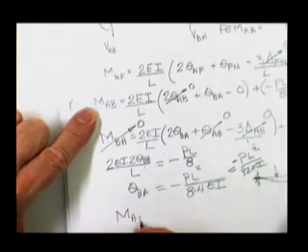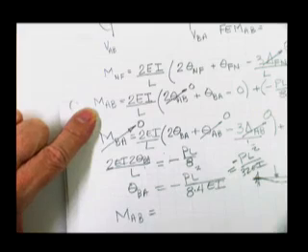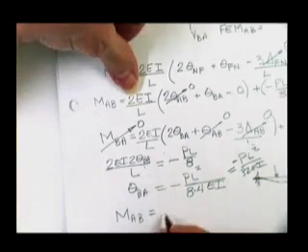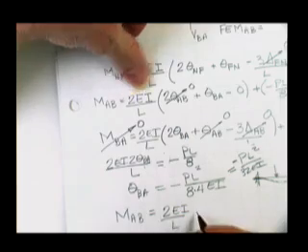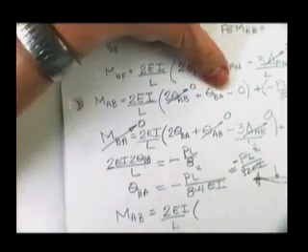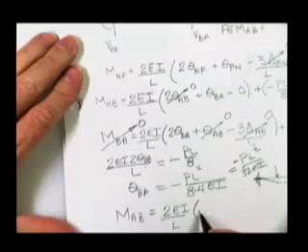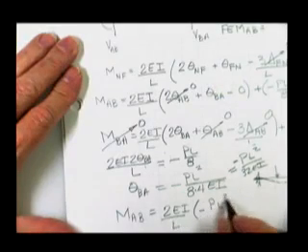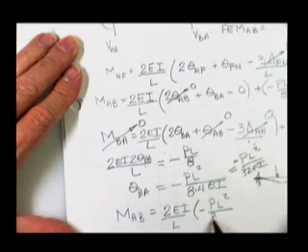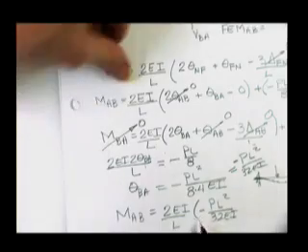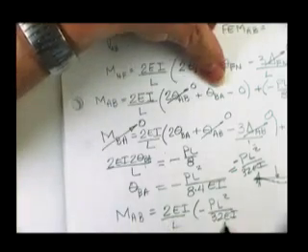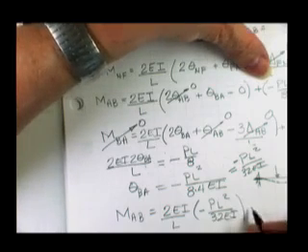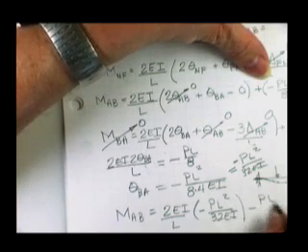Here's the moment AB. M sub AB is equal to 2EI over L times theta BA. Theta BA is a minus PL squared over 32EI minus PL over 8.